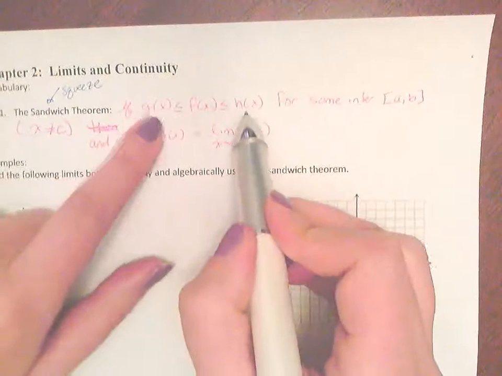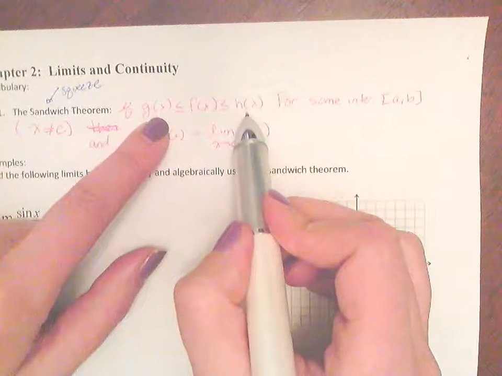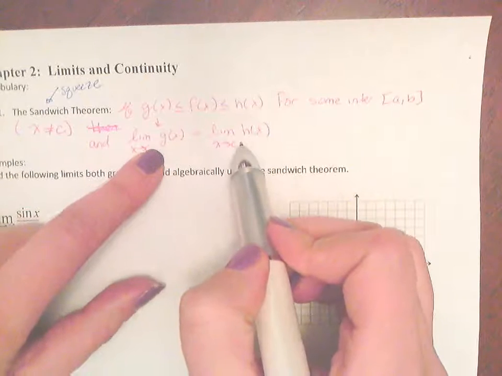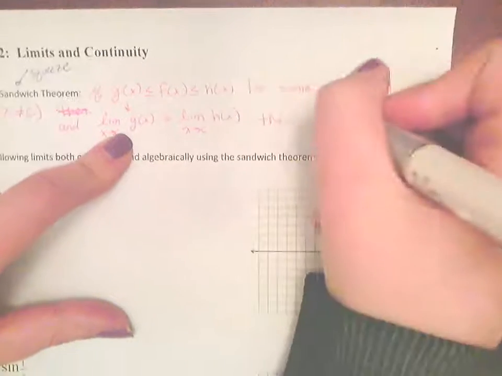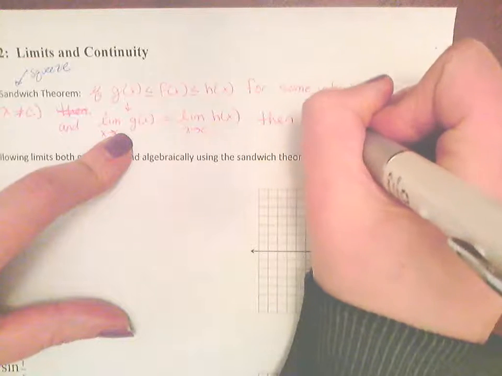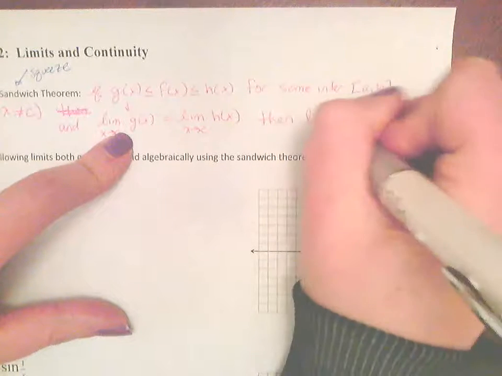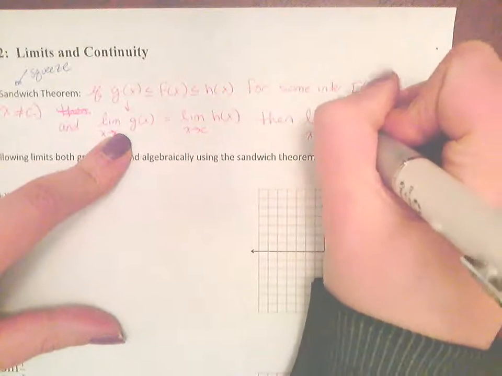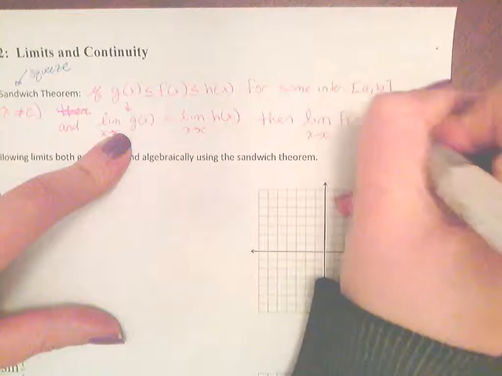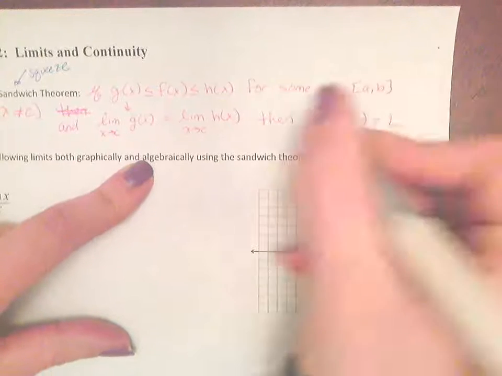So if the two functions on the outside are equal, if their limits are equal, then I can conclude that the limit as x approaches c of f of x is going to be the same as these.